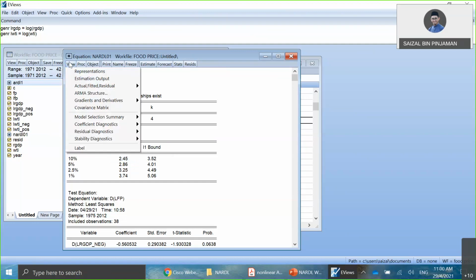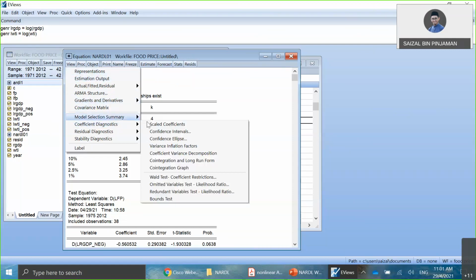After that, we can proceed with the short run relationship. For that, we open the coefficient diagnostic again and look for the co-integration and long run form.